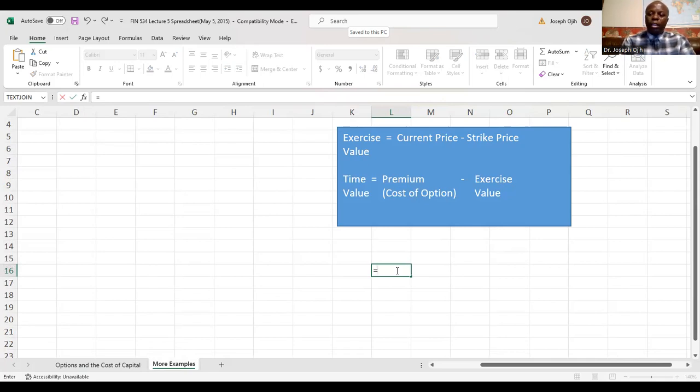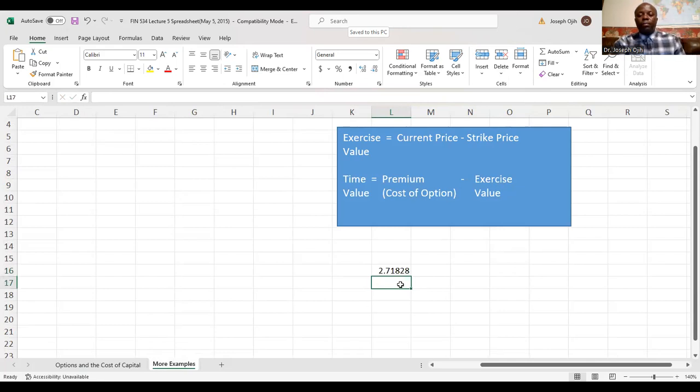So for e, just type EXP, open parentheses, put 1, and that will give you the value. Press the Enter key and you can see 2.71828. So it's very easy to get. I said it's a constant.